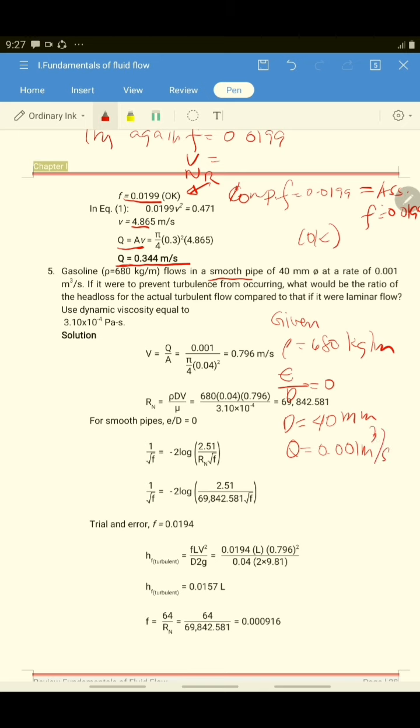If it were to prevent turbulence from occurring, what would be the ratio of the head loss for the actual turbulent flow compared to that if it were laminar flow? Use dynamic equations.